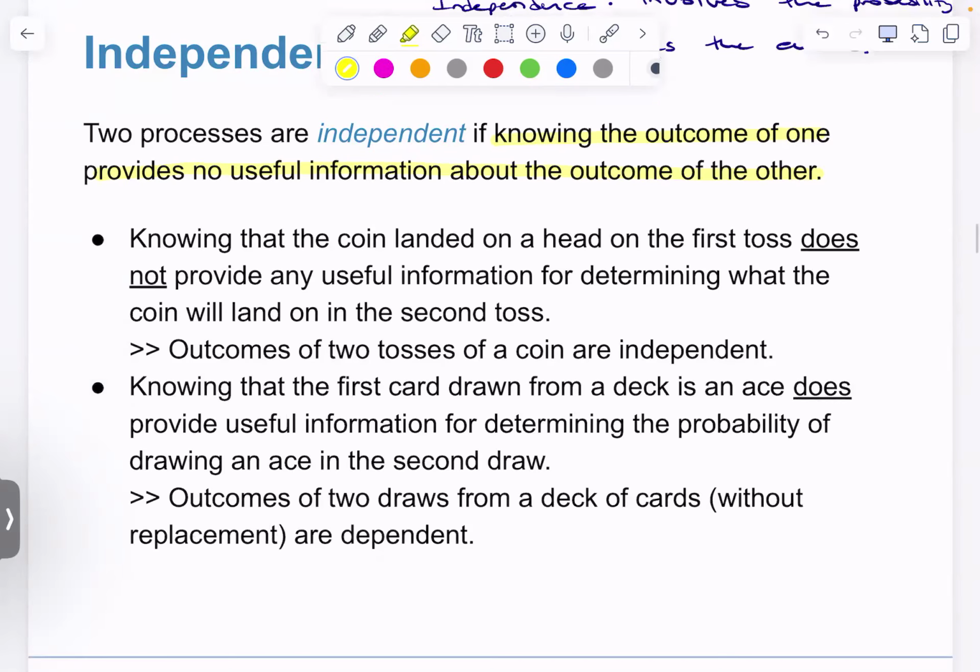But it's a nice place to start. So knowing that the coin landed on a head on the first toss doesn't give me any information about the next toss. So outcomes of 2 tosses of a coin are independent. And that's why we say the probability just stays 0.5, 0.5, 0.5.